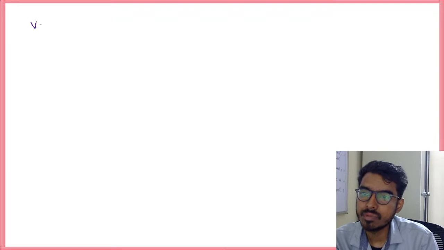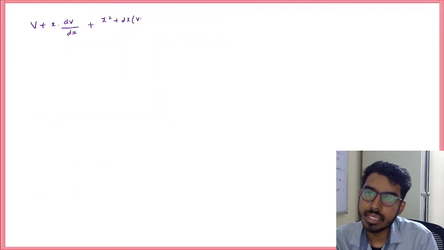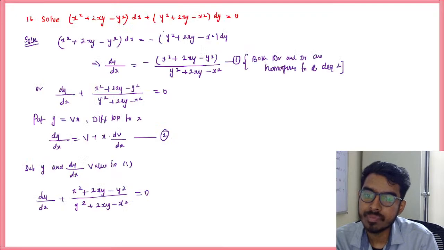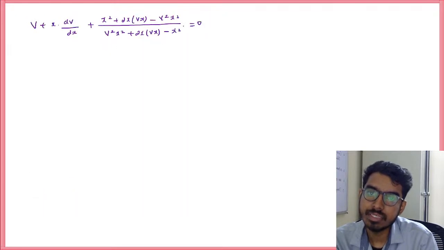It is v plus x into dv by dx plus (x square plus 2xy minus y square) divided by (y square plus 2xy minus x square) is equal to 0.